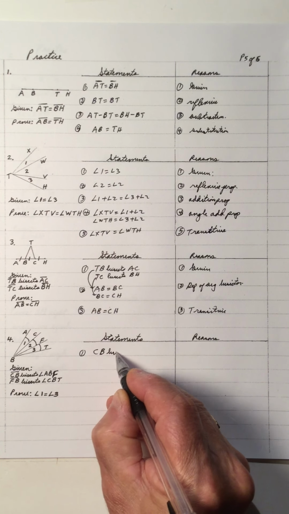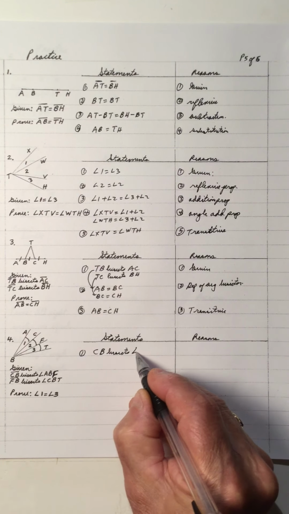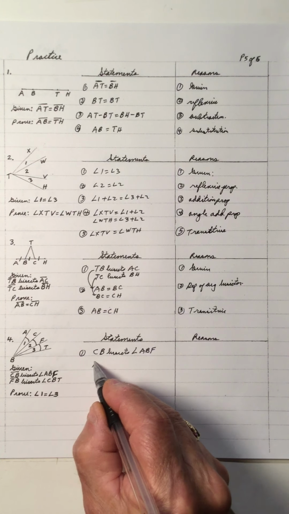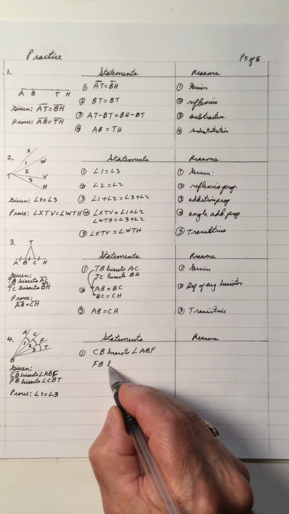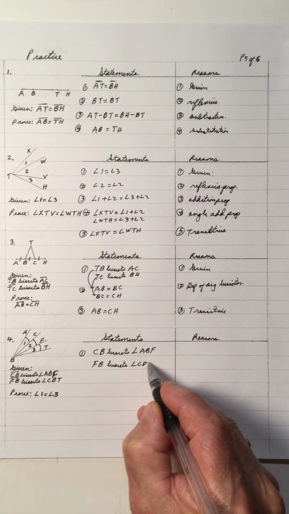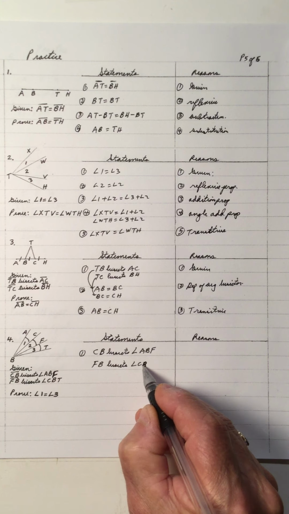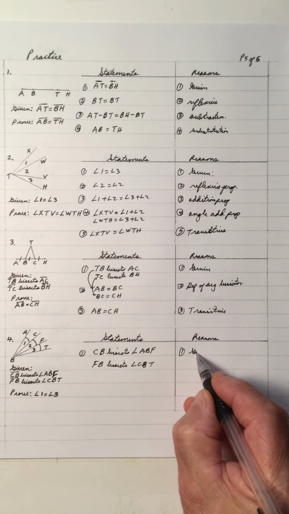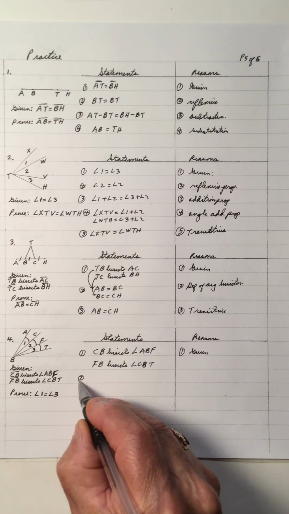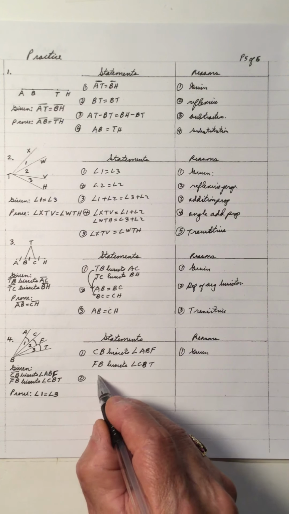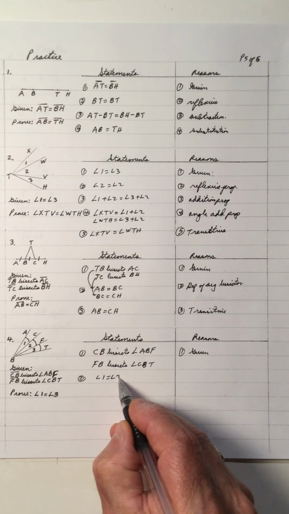BC bisects angle ABF, and FB bisects angle CBT. Make sure I write it down right. And again, that's a given. And as a result, because BC bisects ABF, angle 1 equals angle 2.